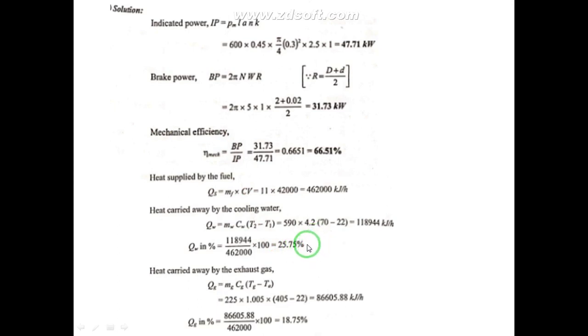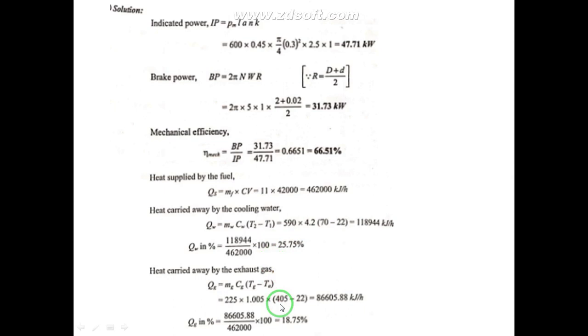The percentage of heat liberated in the water is 25.75 percent. Next we are going to find the heat carried away by the exhaust gas.